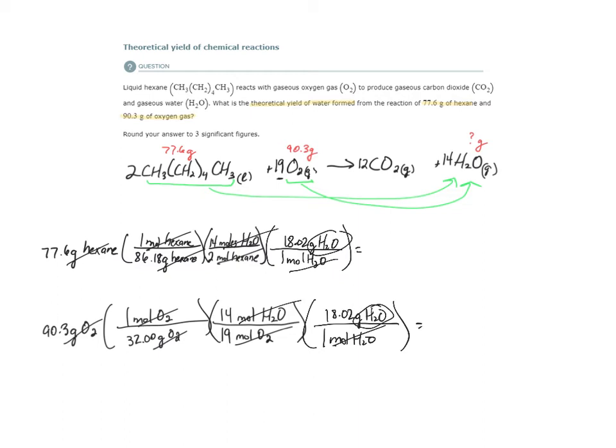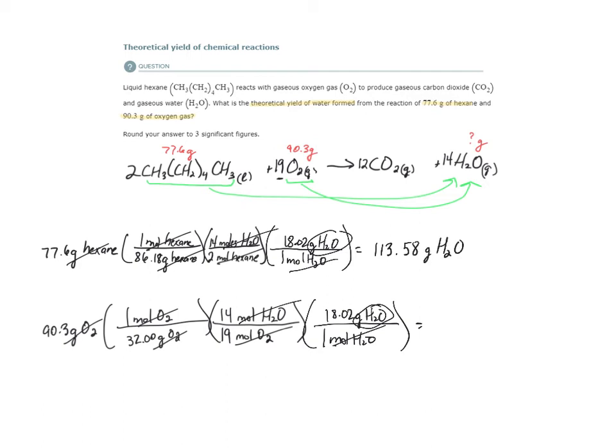So let's do the math. 77.6, open parentheses, 1 over 86.18, 14 over 2, 18.02 over 1. I get 113.58 grams of water.